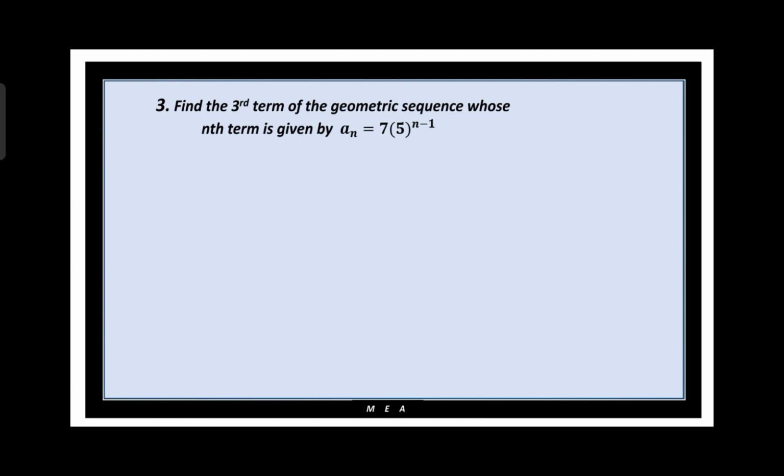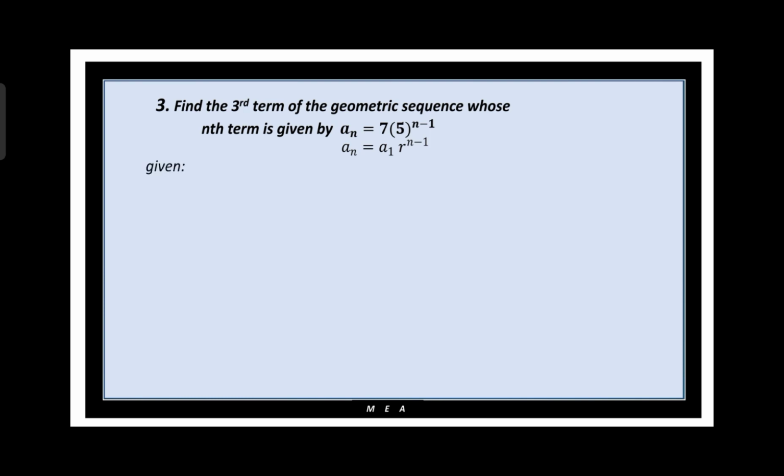Let us go now to the last example, number 3. Find the third term of the geometric sequence whose nth term is given by a sub n is equal to 7 times 5 raised to n minus 1. So, comparing that rule to the formula for the nth term, ito siya, a sub n is equal to a sub 1 times r raised to n minus 1.